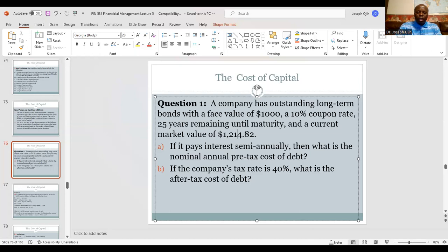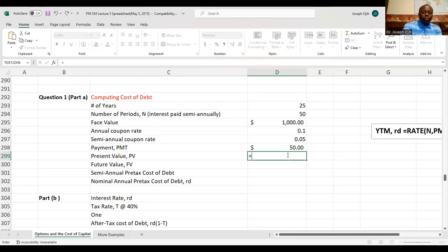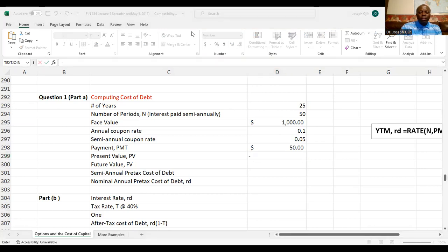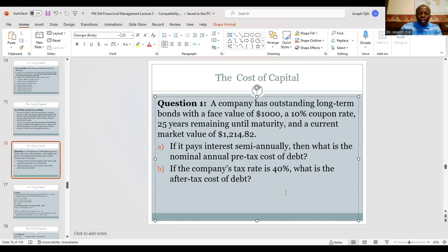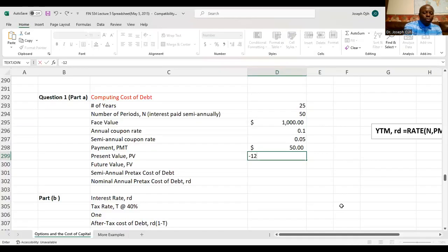In Excel, I'm going to take you there. So the present value is -$1,214.82.